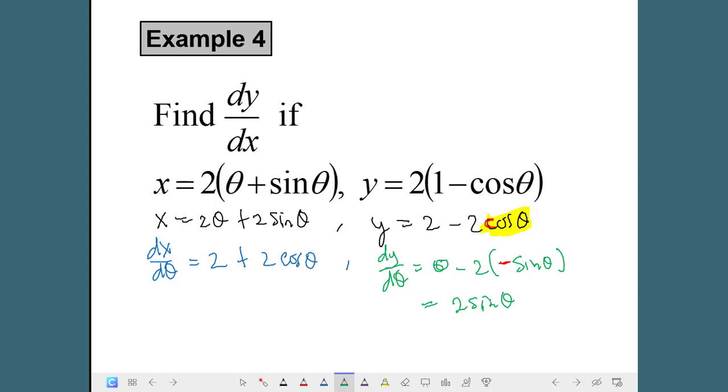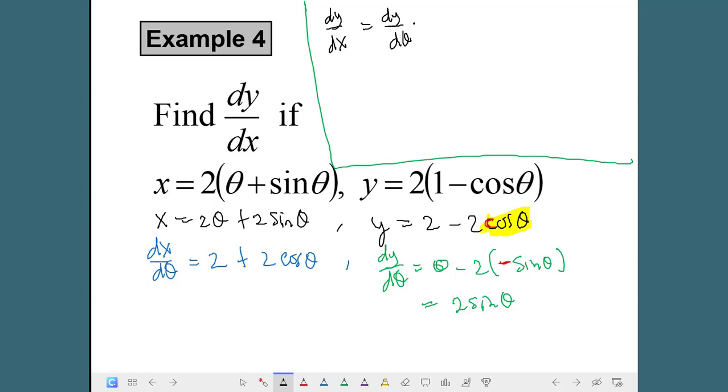Now we're going to find dy/dx, using chain rule. dy/dx is equal to dy/d theta times d theta/dx, or dy/d theta over dx/d theta.